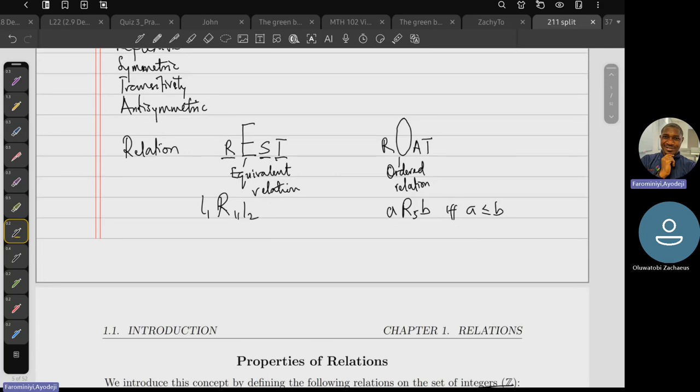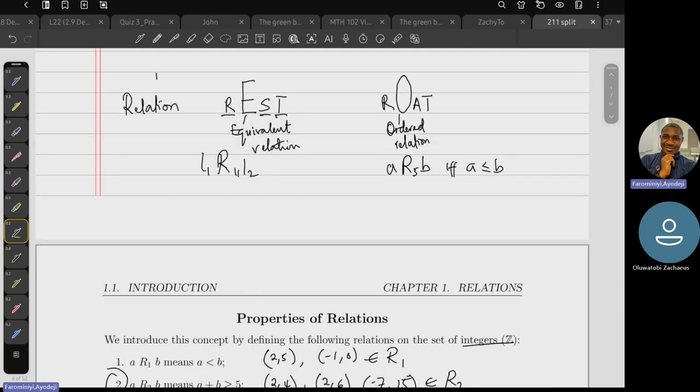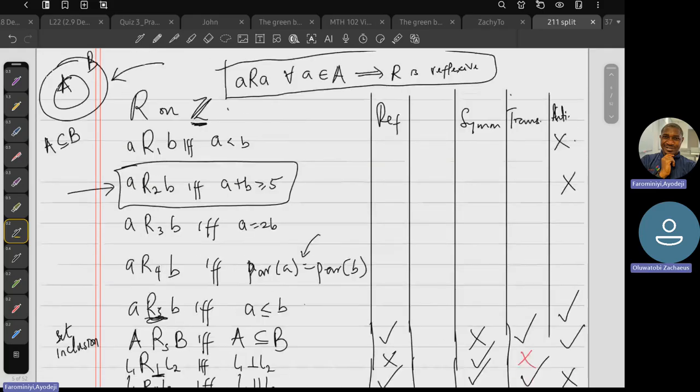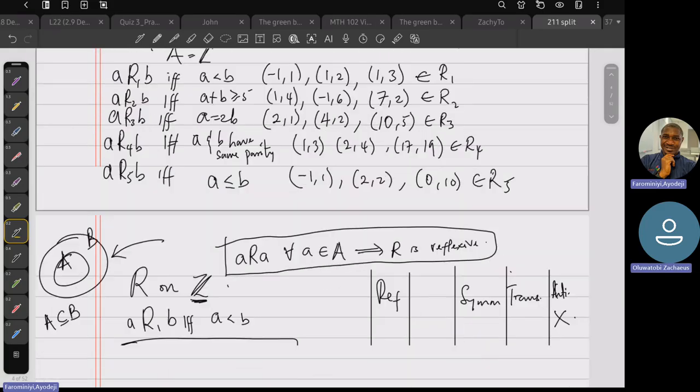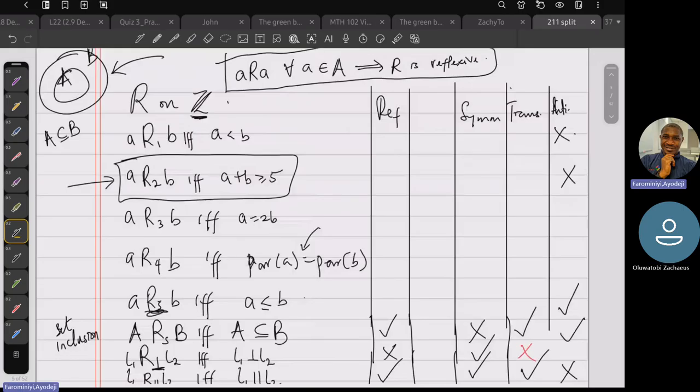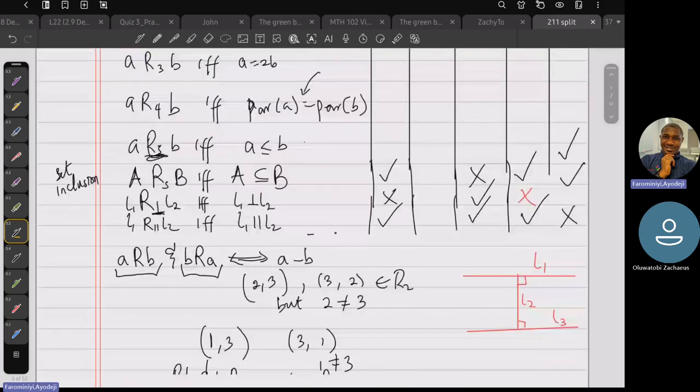The one of the same parity is an equivalence, and so on and so forth. Okay? Yes, sir. So that should kickstart your adventure into relations in general.